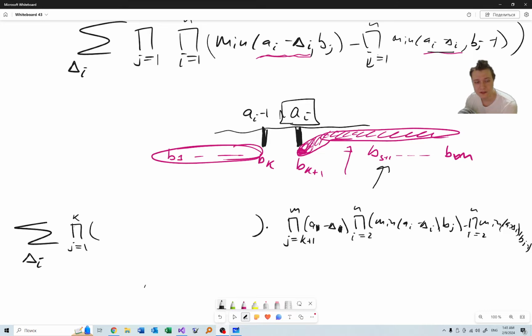However, there is also this part where this bk is at most ai minus 1. In this case, these two numbers are taken as minimum. And what can we do? In this case, we cannot do much.